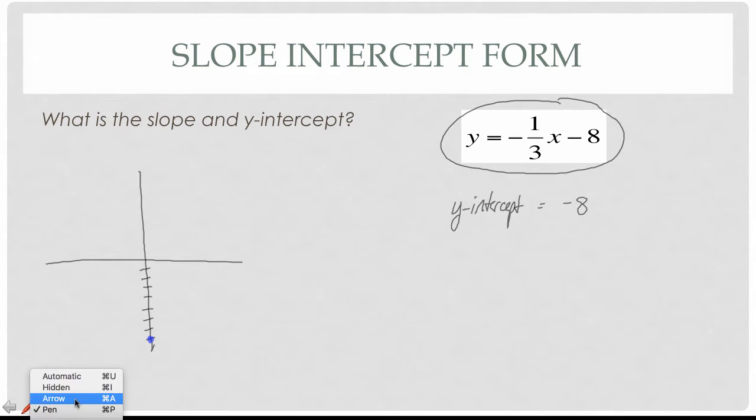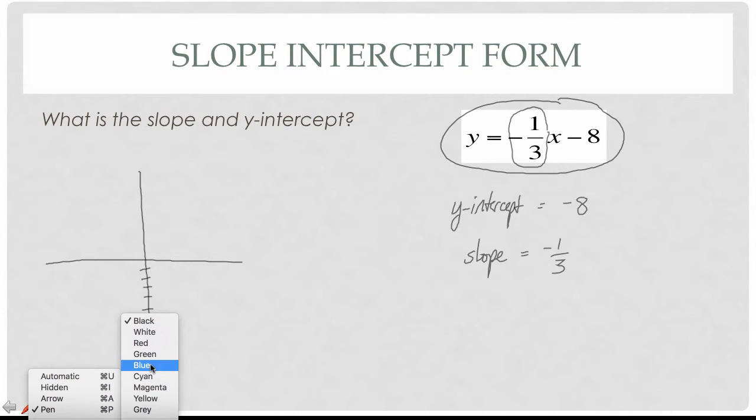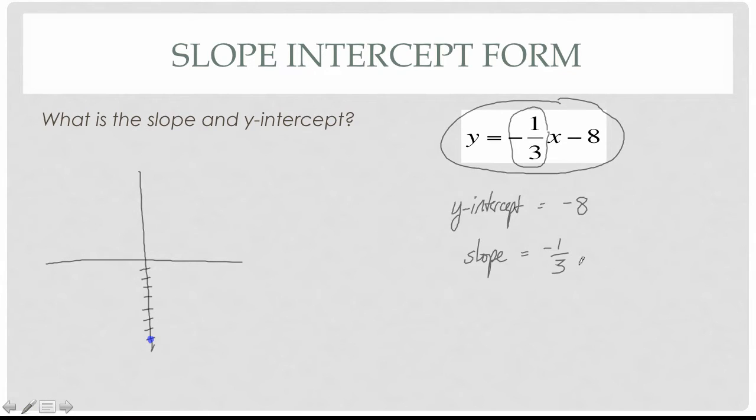Now, let's look at what the slope is. The slope is this whole value in front of the x. It's being multiplied over and over again. So the slope is -1/3. Well, what that means is it's a decreasing line, right? It's a negative, and it's -1/3. So my change in x is on the bottom, my change in y is on the top. So when we go over 3 units, 1, 2, 3, what happens when we go over 3 for x?